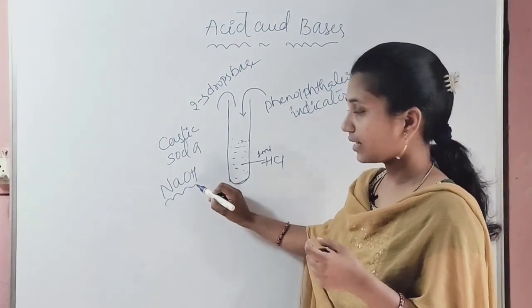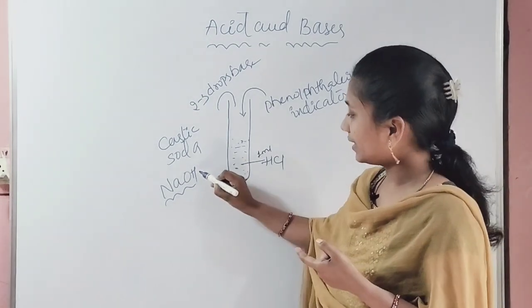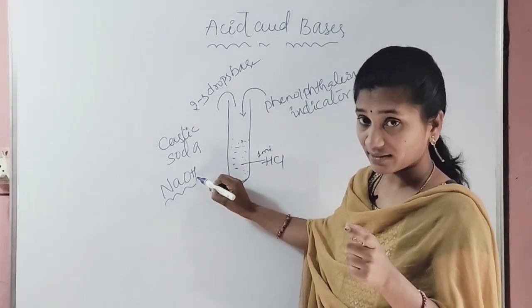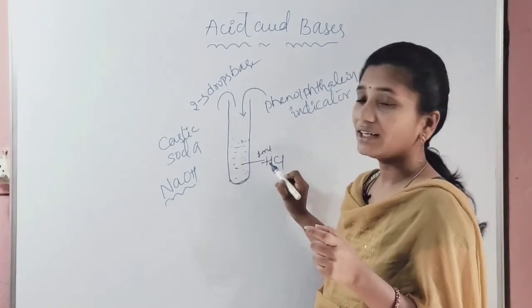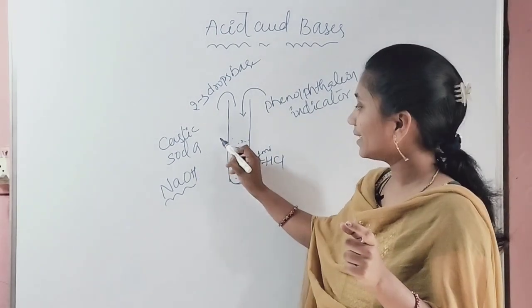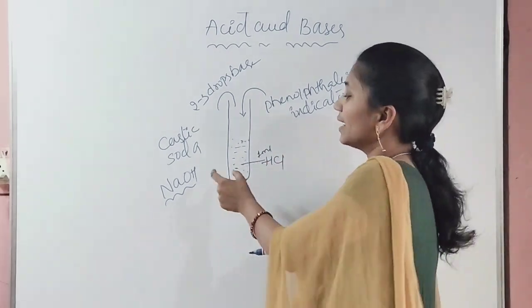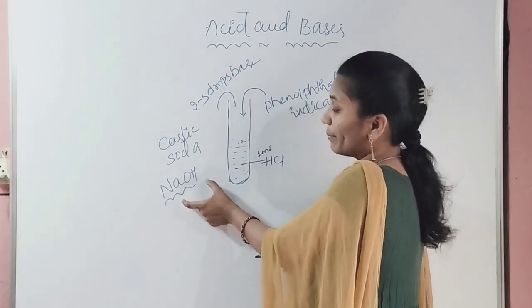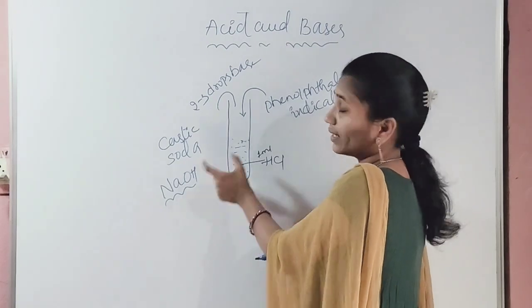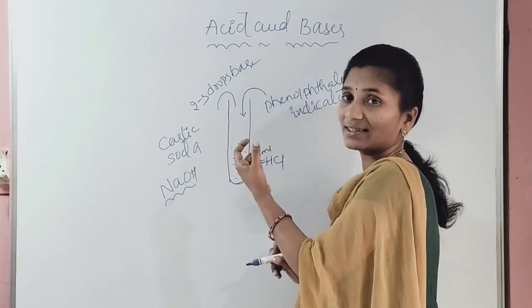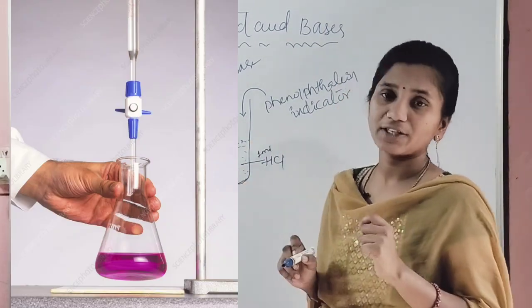So here what have we taken? Here we have taken base. When an excess of basic solution is added to this acidic solution, the nature of the solution has changed, because the basic strength is more. That is why the indicator turns pink in this test tube.